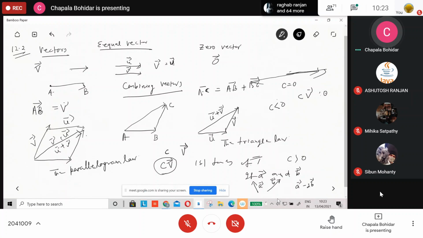You are able to do it: multiply by C less than 0 here with the vector B.